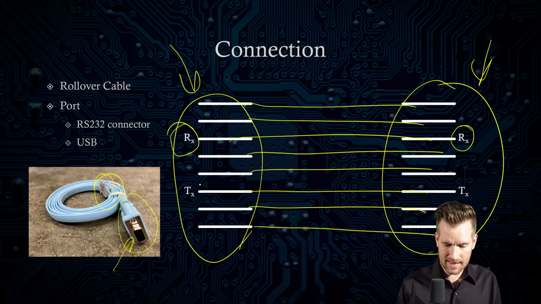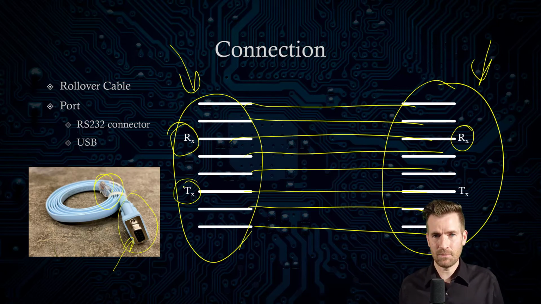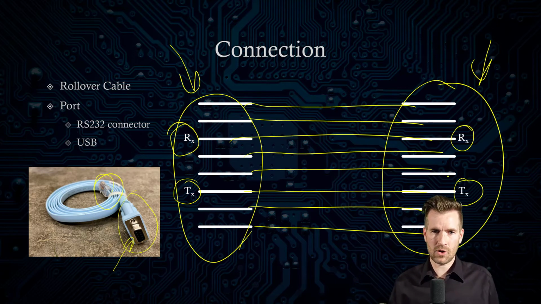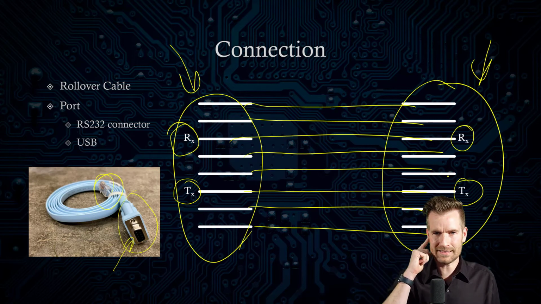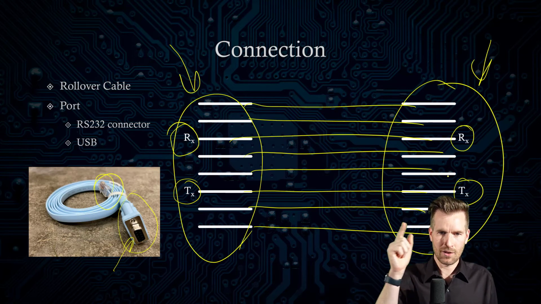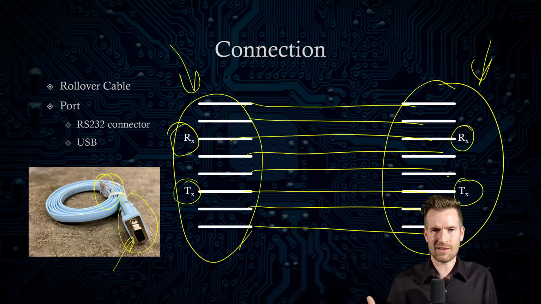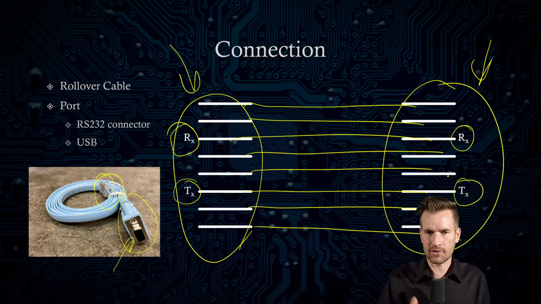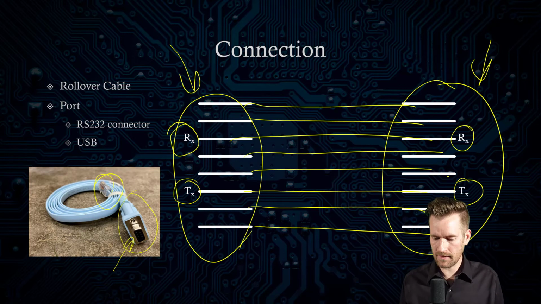Also, on pin 6 here, this device is trying to transmit, and on this pin right here, this is trying to transmit. So this is like me trying to talk to somebody else through their mouth or listen to them through their ears. It doesn't really work. So somehow we need to have our transmit being sent to the receive on each of the ends.